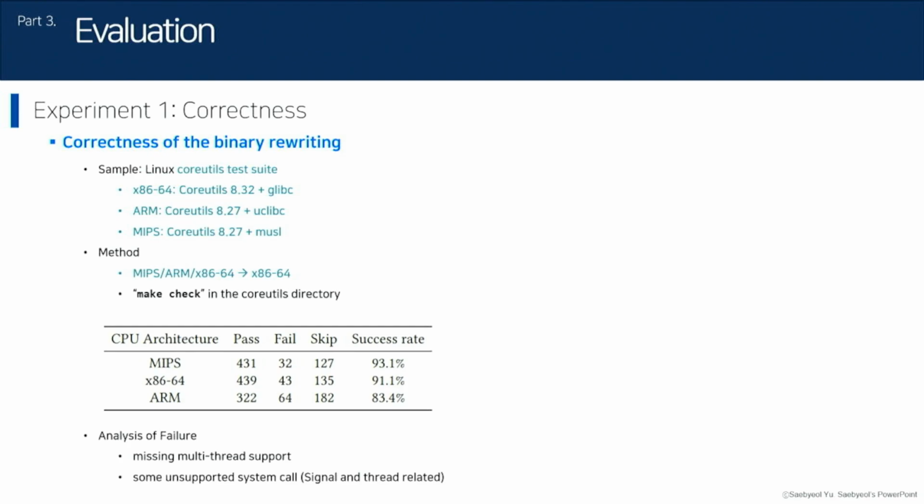We created the sample binaries using different libraries. For 64-bit Intel binaries, we used glibc. For ARM, we utilized uClibc. And for MIPS, we employed the musl library. The results showed a success rate of 93% for MIPS, 91% for 64-bit Intel, and 83% for ARM.